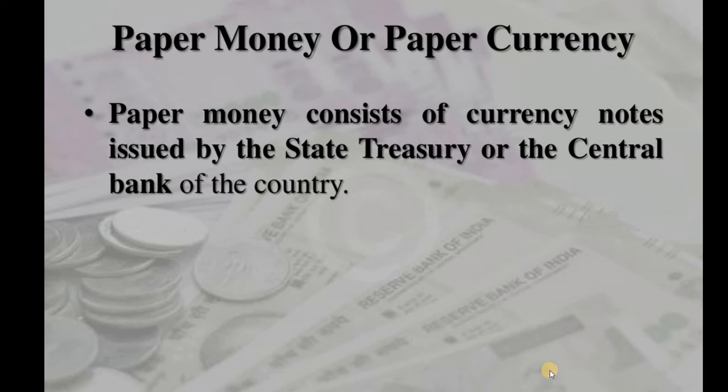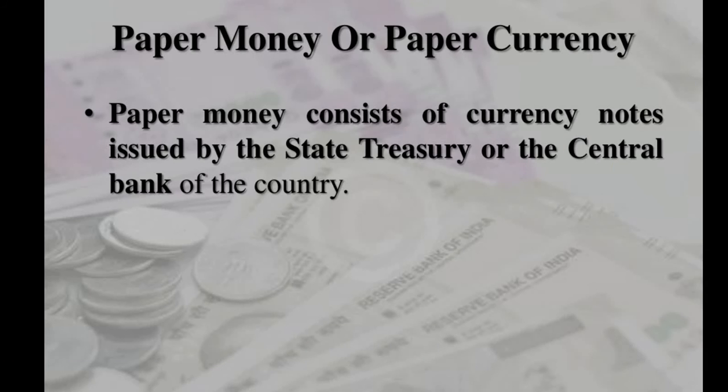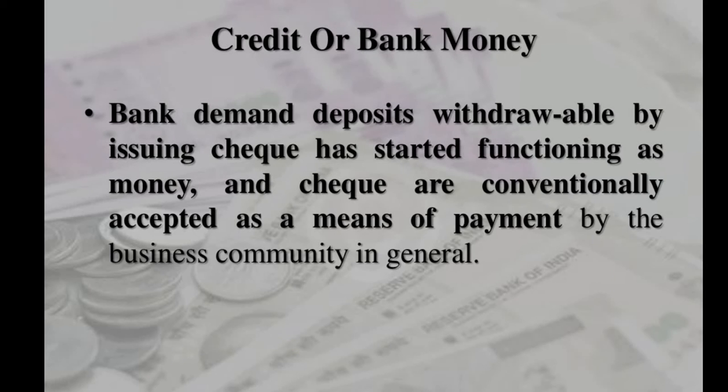Then paper money or paper currency consists of currency notes issued by the state treasury or the central bank of the country. Then we know bank demand deposit is withdrawable, and issuing checks has started functioning as money.